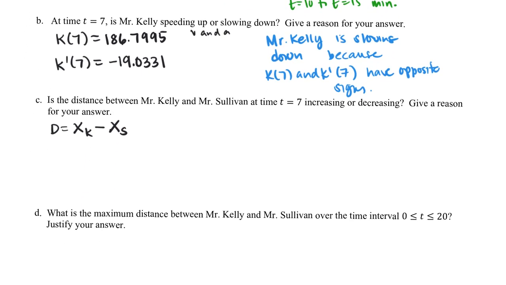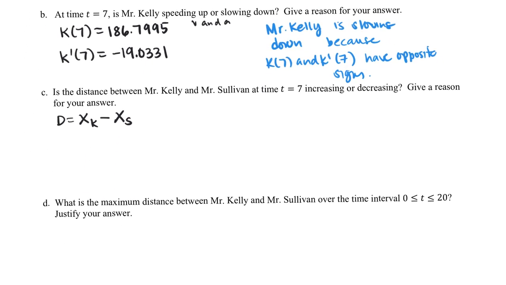Okay, I want to see whether this is increasing or decreasing. So I want d prime. Now I don't know X, but X is Mr. Kelly's position. So if I do the derivative of his position, I should get his velocity, and the equation for velocity of Mr. Kelly is K. Okay, X sub S I made to be Mr. Sullivan's position.